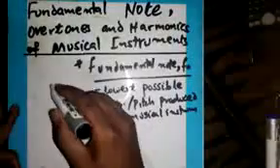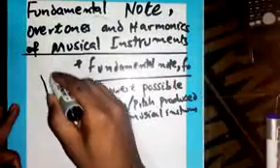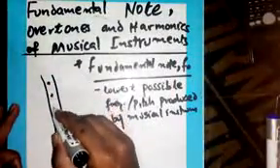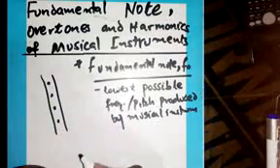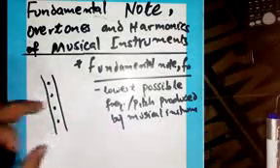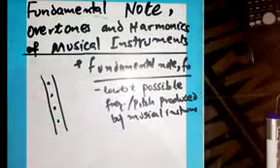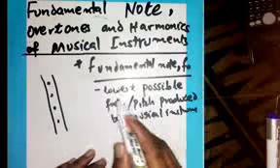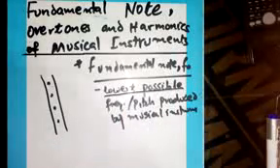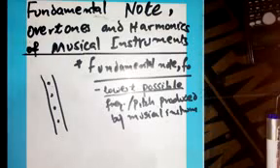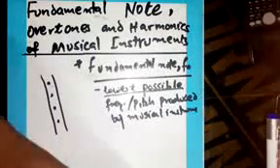For example, we take the case of a flute where we have different holes. The lowest possible frequency produced from any of these holes is what we call the fundamental note. Therefore, the fundamental note is the lowest possible frequency produced by a musical instrument.